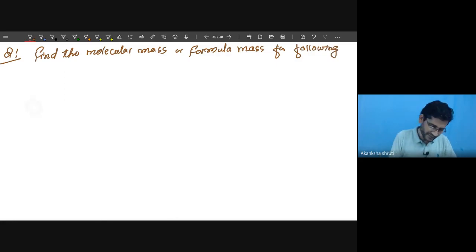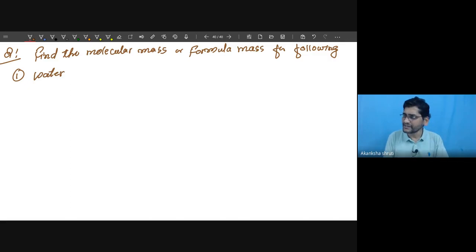Students, let me write a few. So let us calculate for water. Sometimes just the name is given, and you have to first write the formula, then calculate the mass. The second one is calcium carbonate.